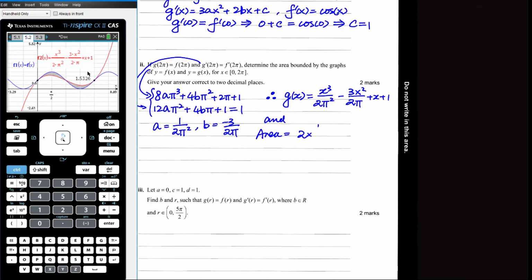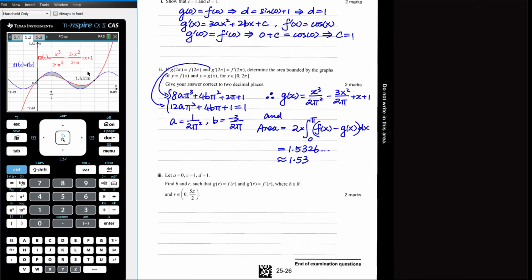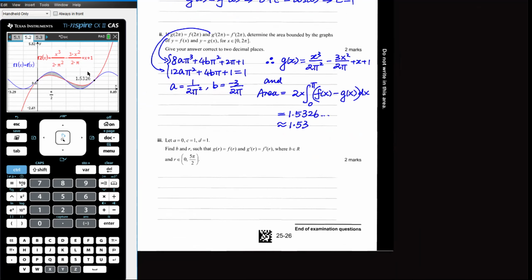I'll do 2 times integral from 0 to pi of f of x minus g of x dx. It will give you, let's say, 1.5326 rounded to 1.53. Okay, so I think that's the intention.